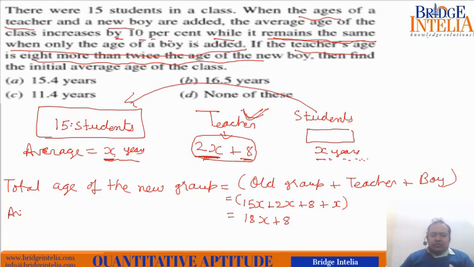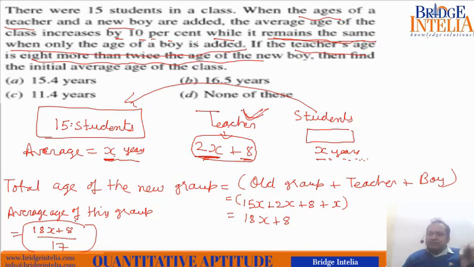So the average age of this group is equal to how much? Now there are 17 persons in this group, because 15 were already there and 2 more have joined. So (18x + 8)/17 is the new average when both the teacher and student join this group.